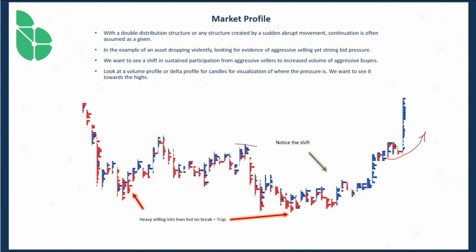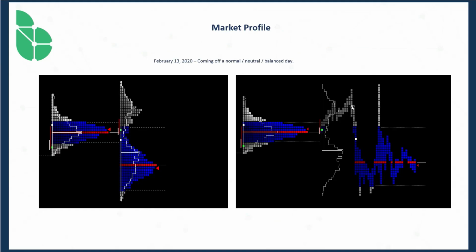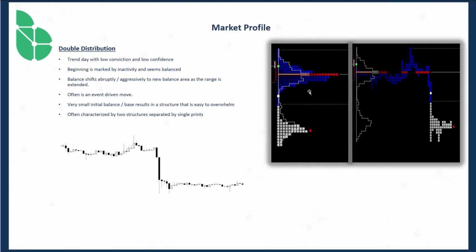So again, to keep this simple, what we're trying to do is when we're looking at a day unfolding, okay, so the current day when it unfolds rapidly, in this example we have a previous balance day, you want to look for that shift. That shift, in this case of a participation, the lows holding, and you're going to be targeting the previous balanced area. So when we're looking at a double distribution, the optimal trade for this would be, in this case, having a previous day double distribution, us opening right down here.